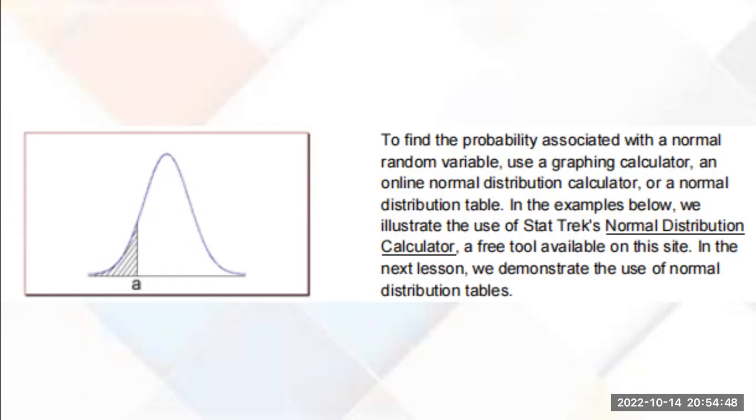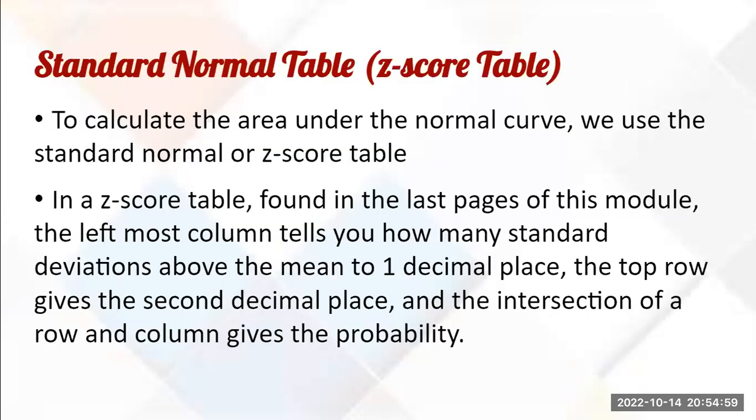So in the next lesson, we demonstrate the use of normal distribution tables. So this time, we will use the table. The standard normal table, also called the z-score table, is used to calculate the area under the normal curve.